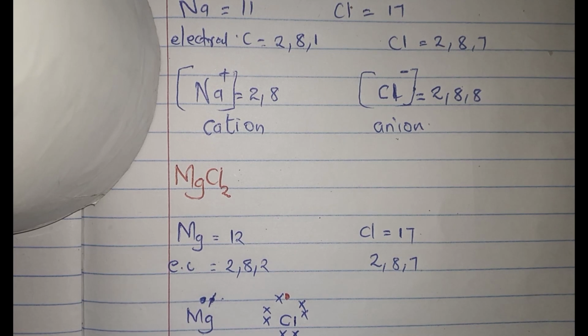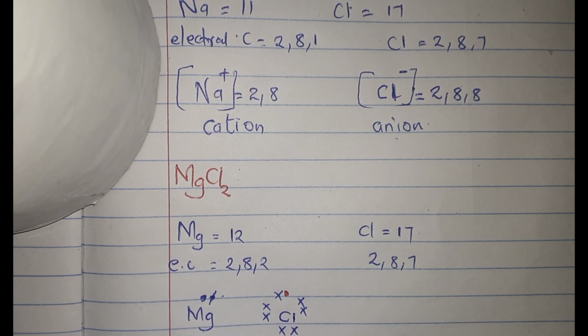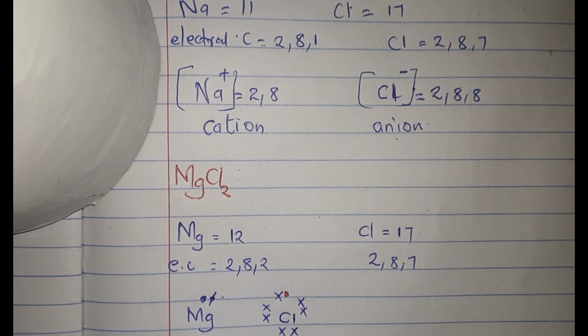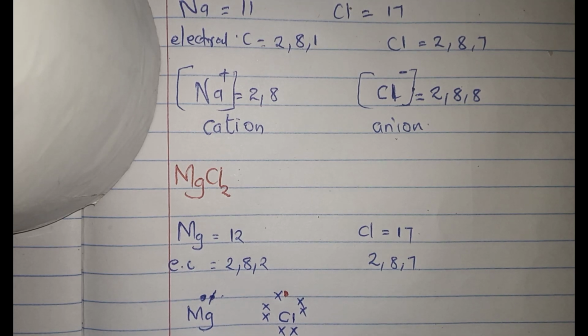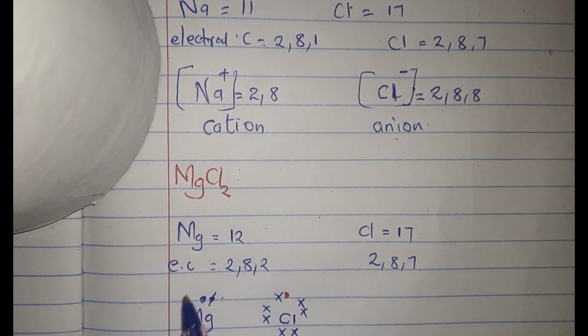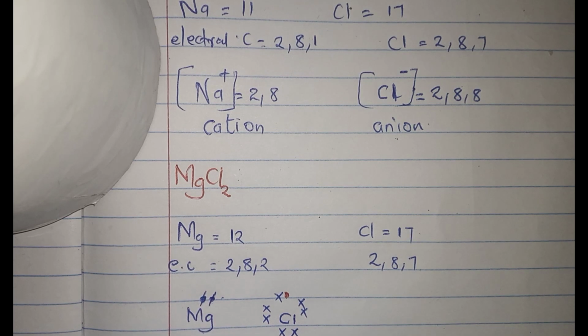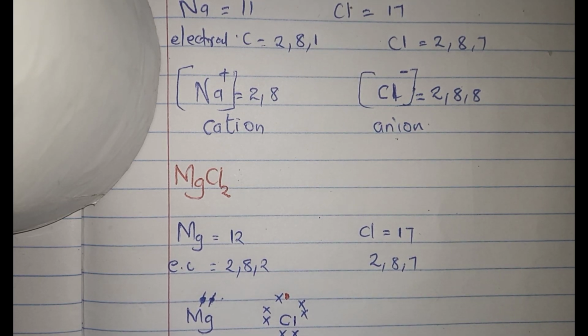So there is one electron remaining. What does magnesium do? It gives the remaining electron to the other atom of chlorine. 1, 2, then 3, 4, 5, 6, 7. The remaining electron is now given to chlorine.